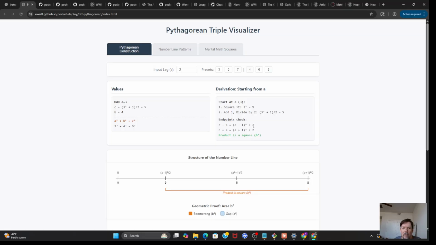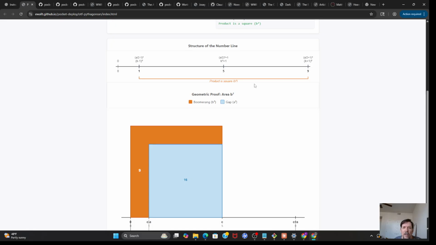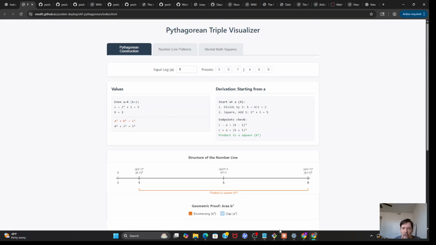Now if I'm even, then the math is I divide myself by 2 and square and add 1. And then if I do that, I'll get a c which works. The a squared plus b squared equals c squared will work. And if you're interested, the page is showing the algebra involved on why that works.